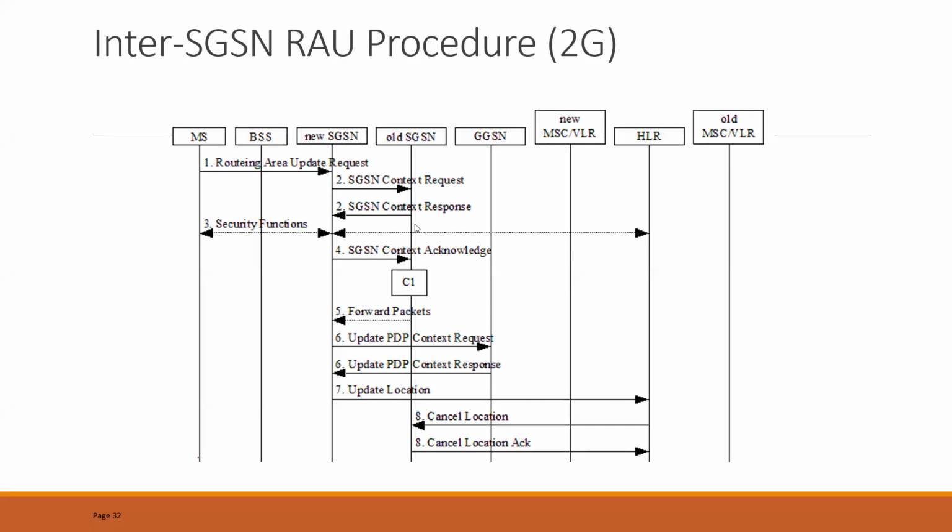The old SGSN will see that it has received a context request, so it needs to transfer all the information available with it to the new SGSN. So it will send a context response message and transfer all the context information to the new SGSN.